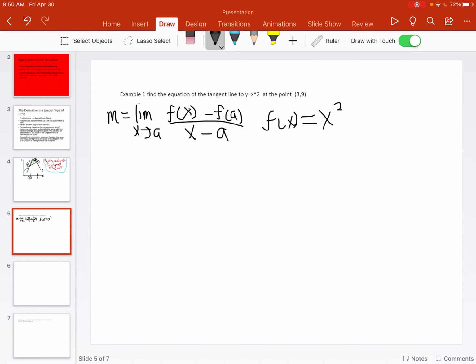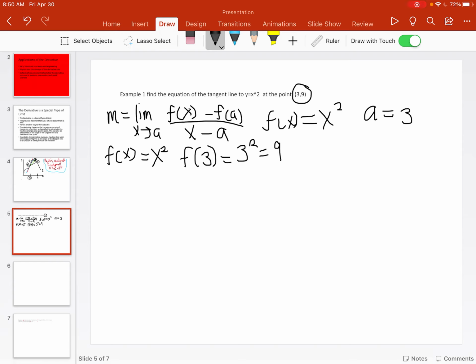But what's f of a? We're given a point, 3, 9, as you can see. So our a is 3. If f of x is equal to x squared, f of a, where a is 3, just plugging 3 into the equation, we end up getting 9. So how do we put this all together now?